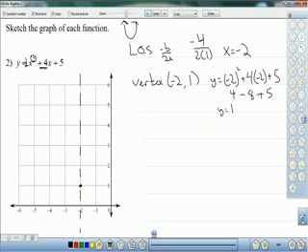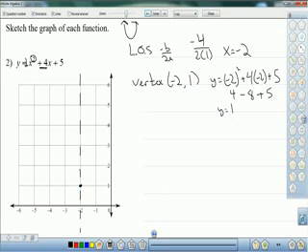Let's start in. Let's find my line of symmetry. Negative b over 2a. Negative 4 over 2.